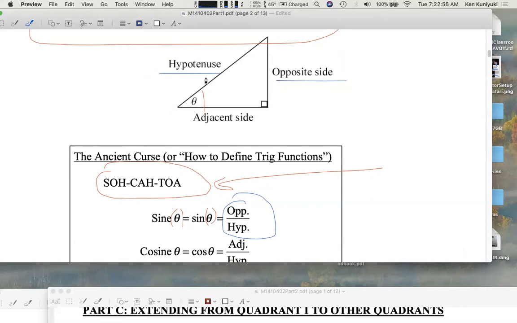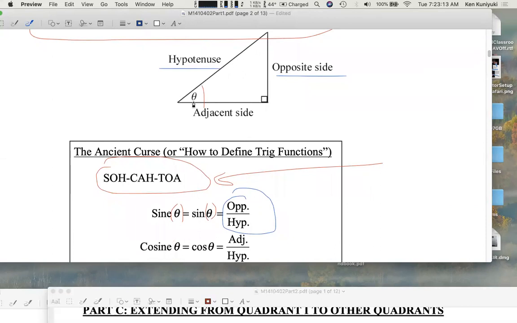It's the ratio of these side lengths. And observe that this value can never be greater than 1 because the hypotenuse will always be the longest side of the right triangle. In particular, it will be always longer than the opposite side. So notice this will never be greater than 1. And for an acute angle, it will be somewhere strictly between 0 and 1.